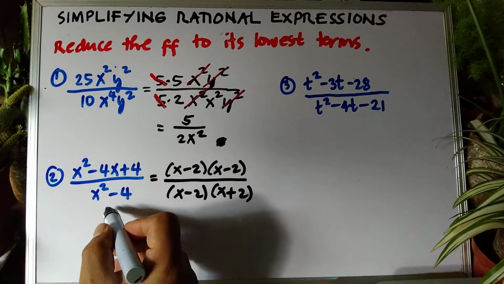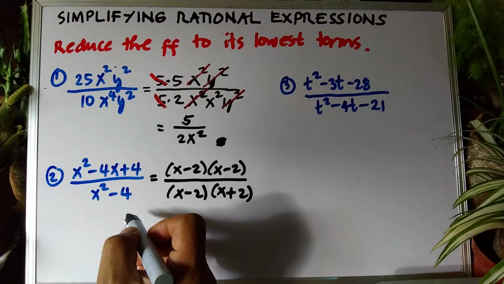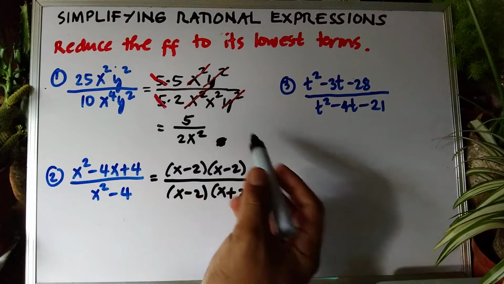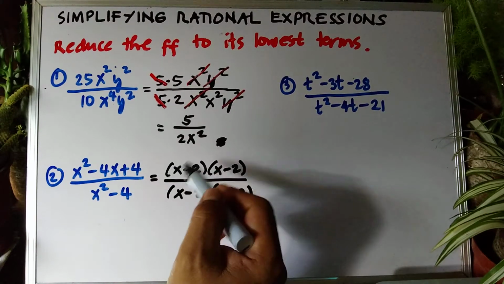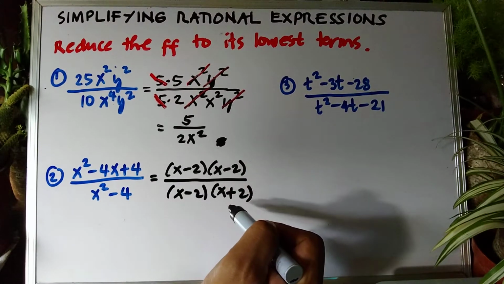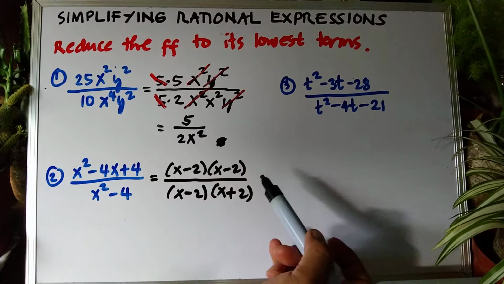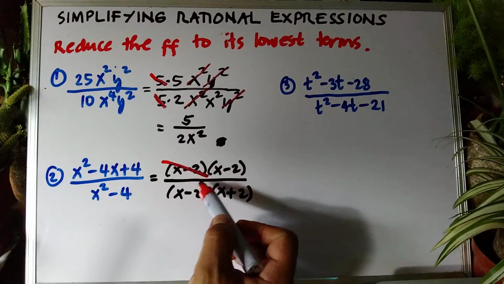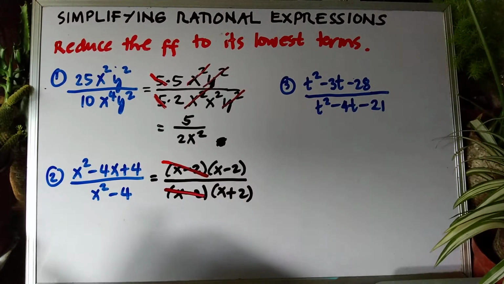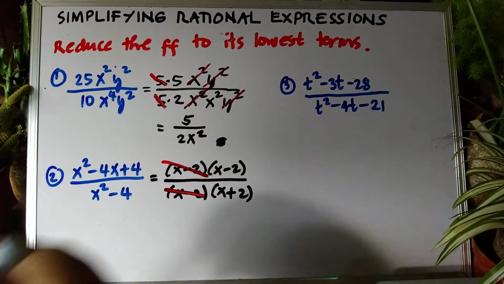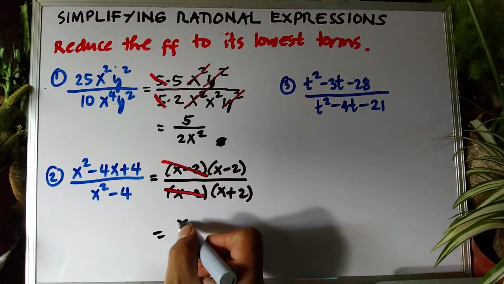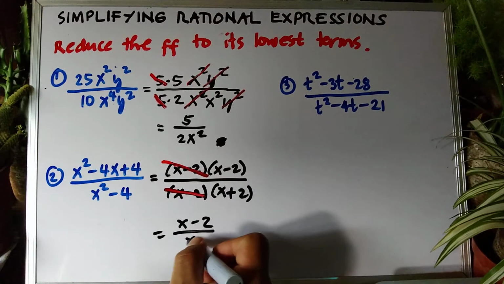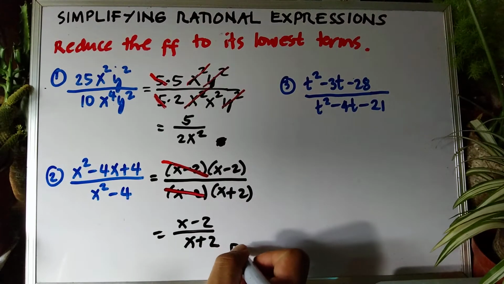This is the factor of the difference of two squares, x squared minus 4. Now, from here, we can see what is common in the numerator and the denominator. So, we can cancel x minus 2. Kasi yan yung common nila. So, the final answer would be x minus 2 over x plus 2.